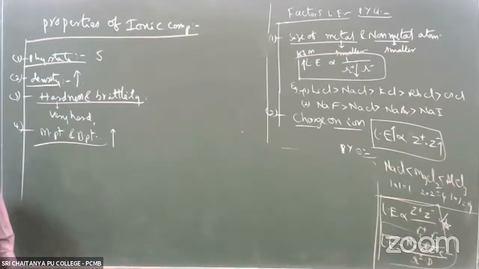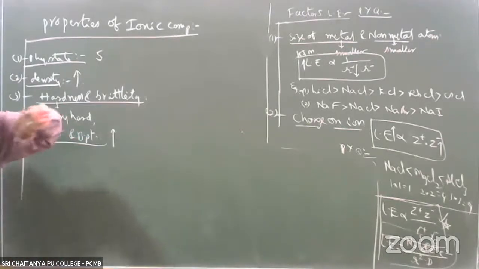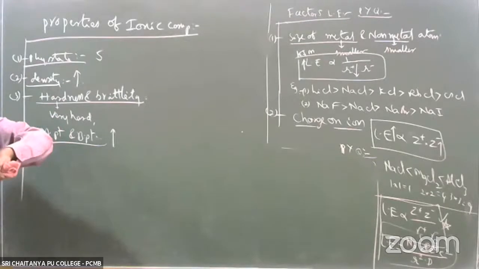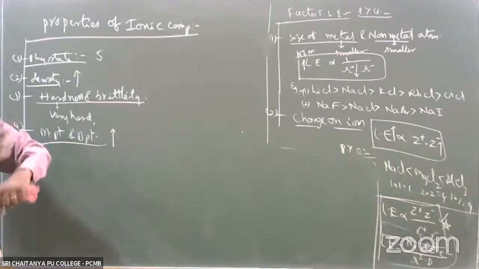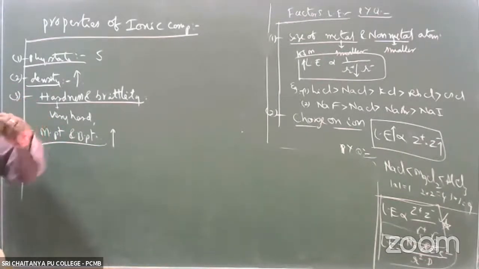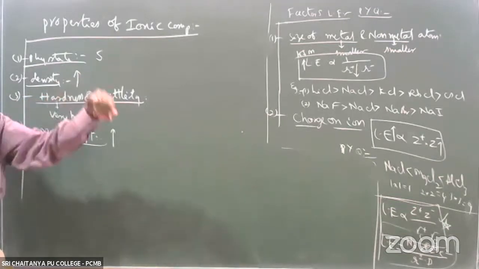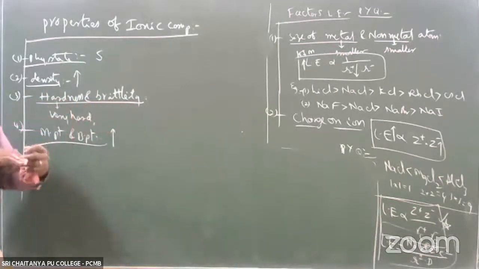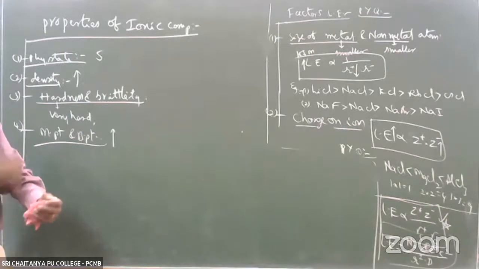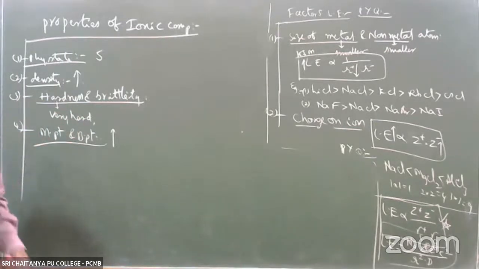Because ionic compounds exist as crystalline solids in which the ions are closely packed because of strong electrostatic attractive forces between them. To convert from one state to another, we have to supply very high temperature. Then only do they overcome the attractive forces and convert from solid to liquid, liquid to vapor. Right? Next one.